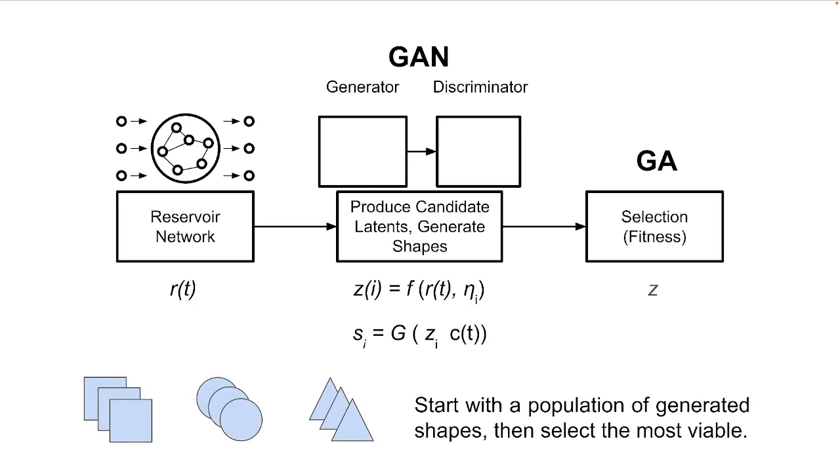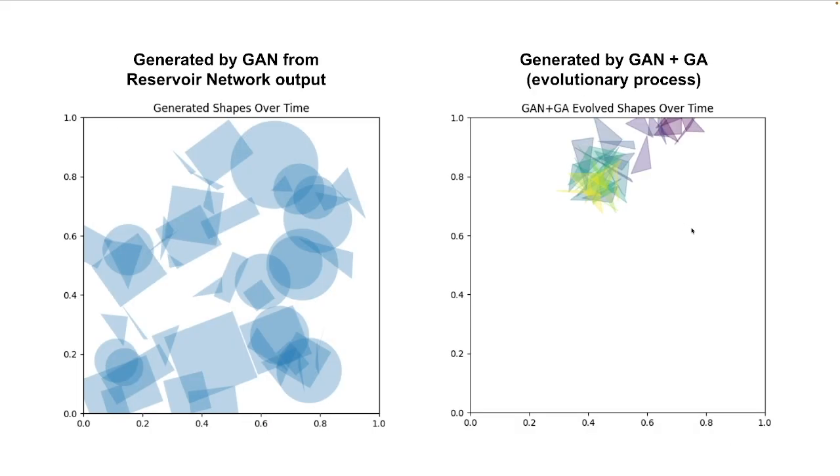With our shapes data set, we start with a population of generated shapes, and then we select the most viable. We can do this with a reservoir network. We then have our GAN, and then we have our GA. This is an example of what we've generated from our GAN from a reservoir network output. On the left, we have this latent space that is all the generated shapes generated by the GAN.